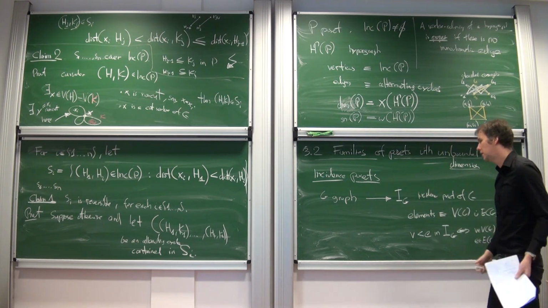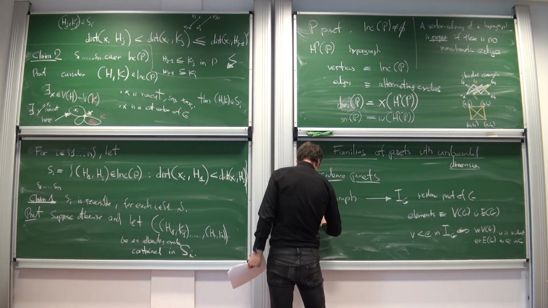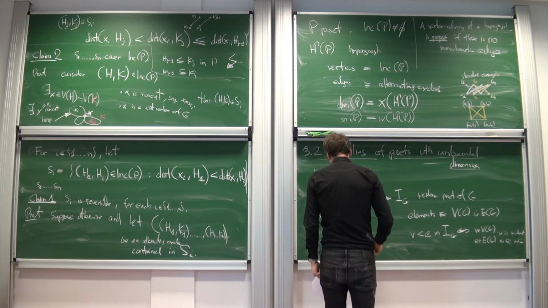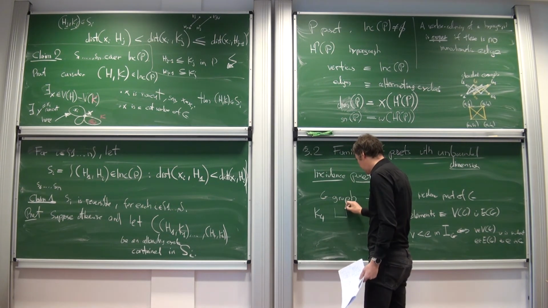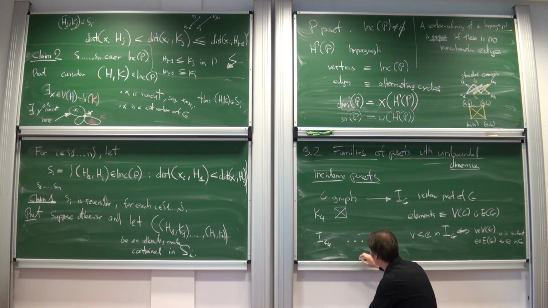So, what does it look like? Let's take, I don't know, K4. You know what K4 is, right? So when we think about I(K4), we have 4 vertices, so 4 minimal elements, and 6 edges.